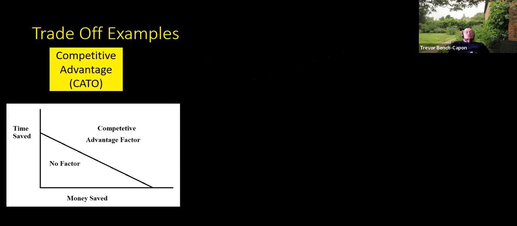The more time saved, the less money needs to be saved. But sometimes even the combination of the two is not enough, and so no factor applies. But if the combination is sufficient, then the competitive advantage factor does apply.